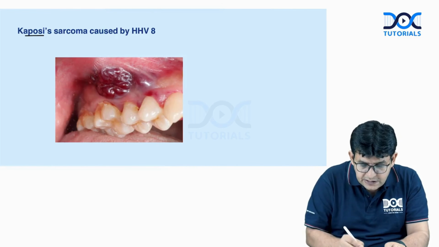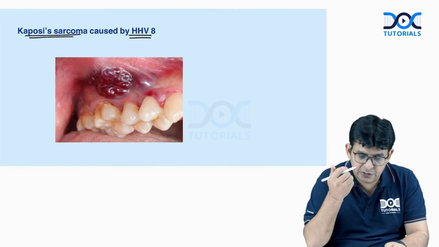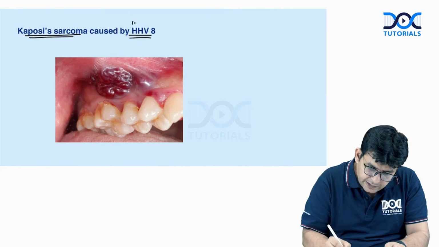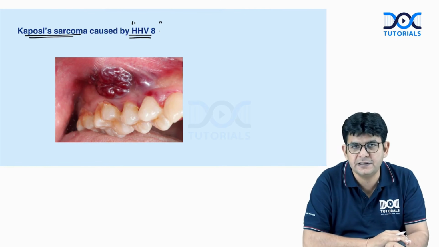This is Kaposi sarcoma, as I told you. It causes lung lesions and oral lesions, and it is caused by HHV8, human herpes virus 8.